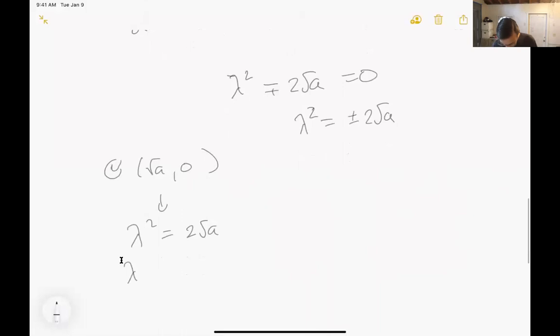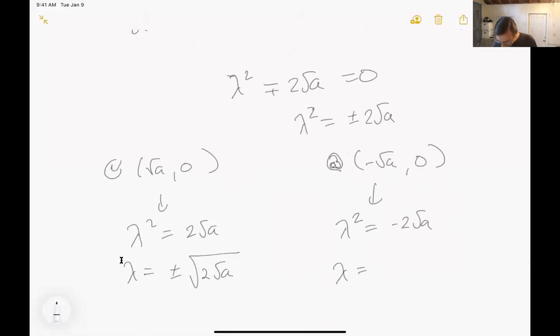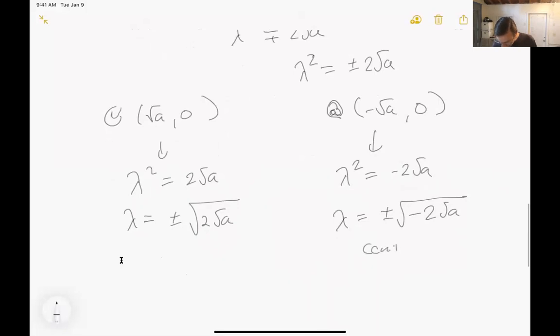So lambda is plus or minus square root of 2 root a. If we're at the other equilibrium point, minus root a, then at this point in the derivation, we've got lambda squared equals minus 2 root a, so lambda equals plus or minus the square root of minus 2 root a, and that is a center.